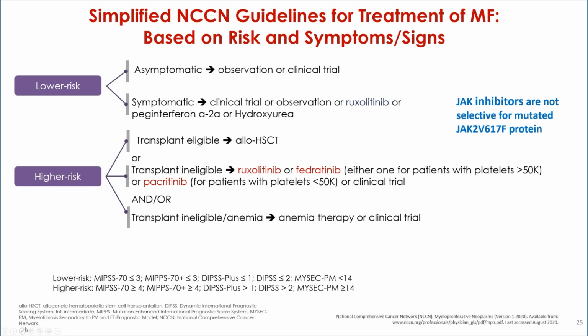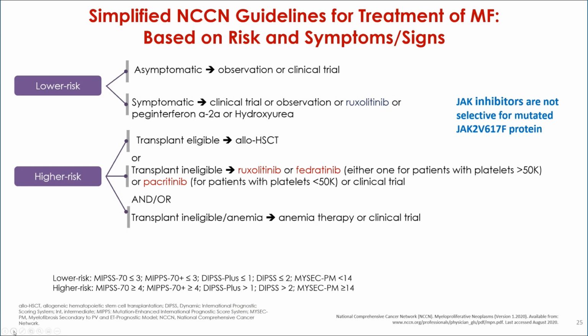And more recently, pacritinib was approved in the earlier part of this year as a therapy for patients with platelets below 50. Importantly, no JAK inhibitor is selective for the JAK2 mutation. They inhibit the JAK-STAT pathway, not the JAK2 mutation, and they're useful in any patient, regardless of driver mutations, that have hyperactivity of the JAK-STAT pathway, which would be basically any patient with myelofibrosis, as well as PV and ET.